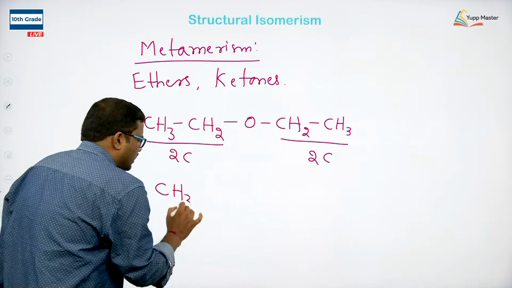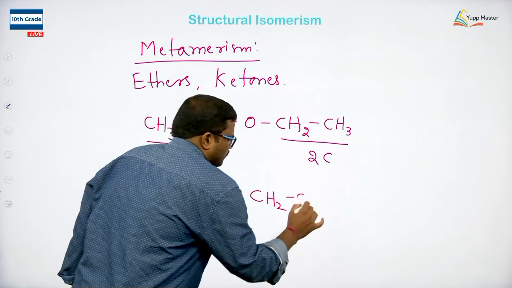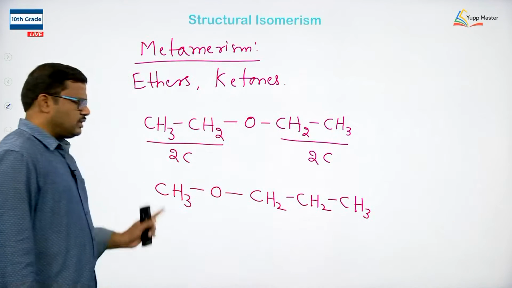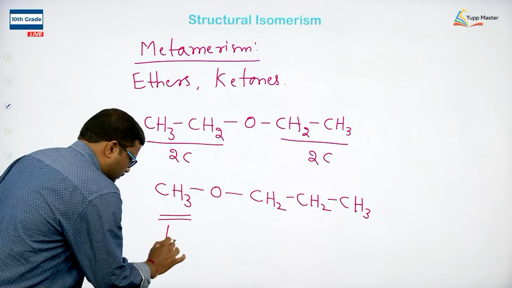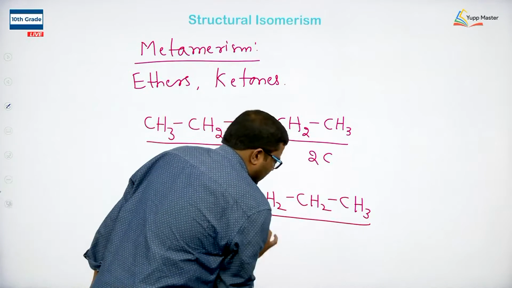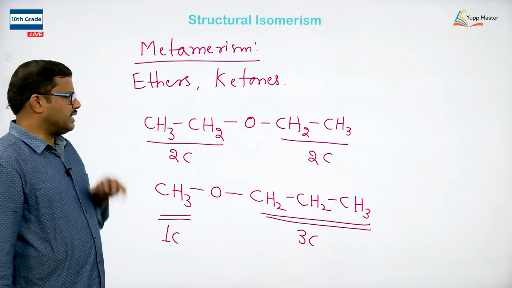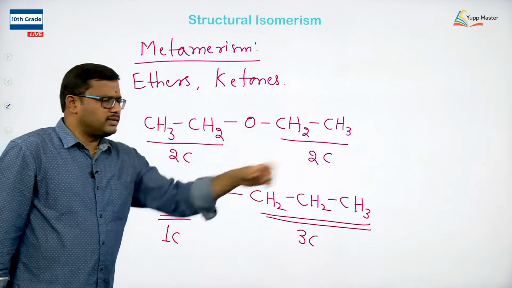If I write one more molecule, CH3OCH2CH2CH3, in this example this side we have only 1 carbon atom, and this side we have 3 carbon atoms. In the first case, on either side of the oxygen atom, two carbons are present.